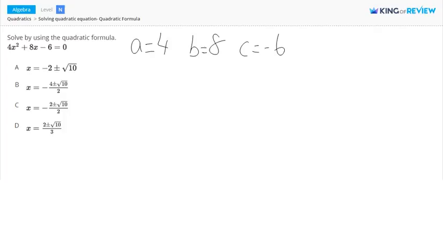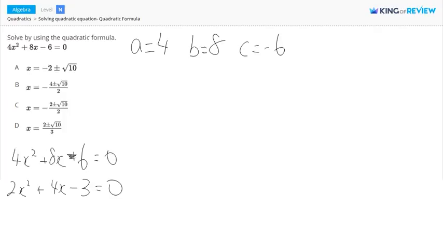But one other thing that you can do is realize, oh, wouldn't I be able to simplify this equation a little bit? Because I would be able to divide every number by 2, wouldn't I? So it would say 2x squared plus 4x minus 3 is equal to 0.